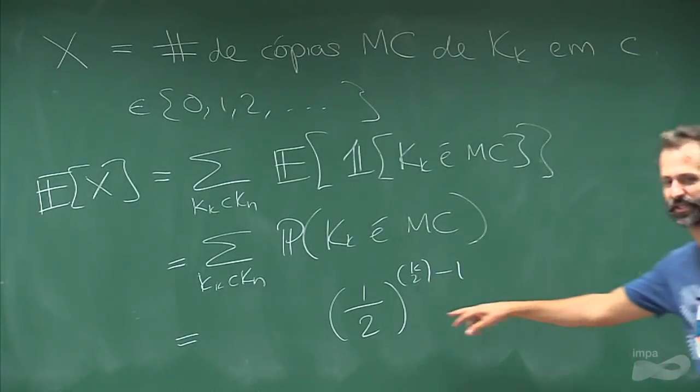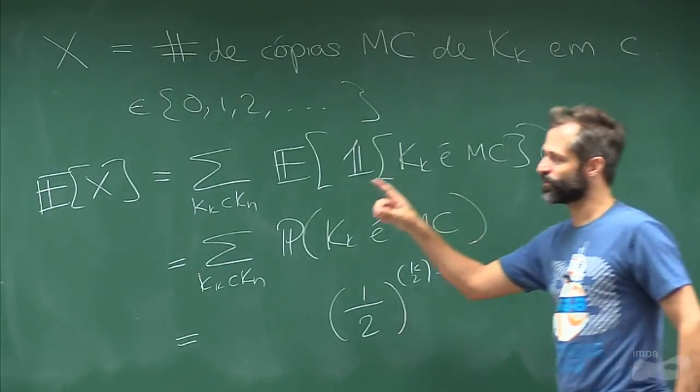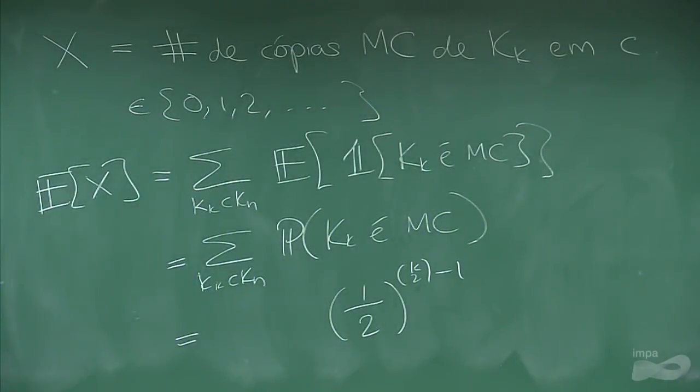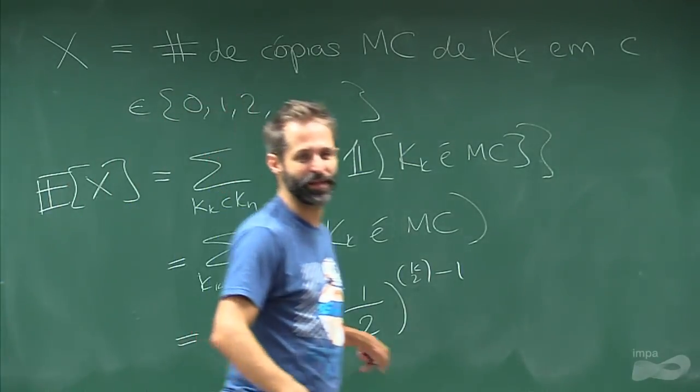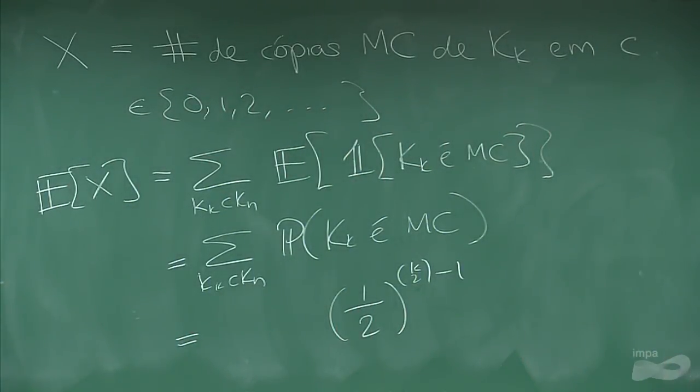And each is probability a half, and they're all independent. The independence tells you that you can multiply the probabilities. Think of 2 random variables being independent: it means exactly that the probability of the 2 things occurring is the product of the probabilities. That's what independent means.